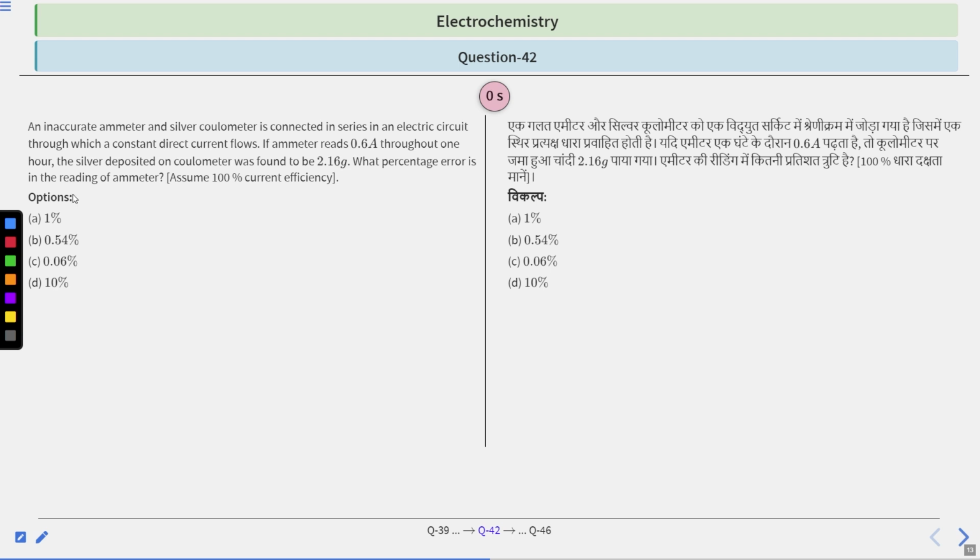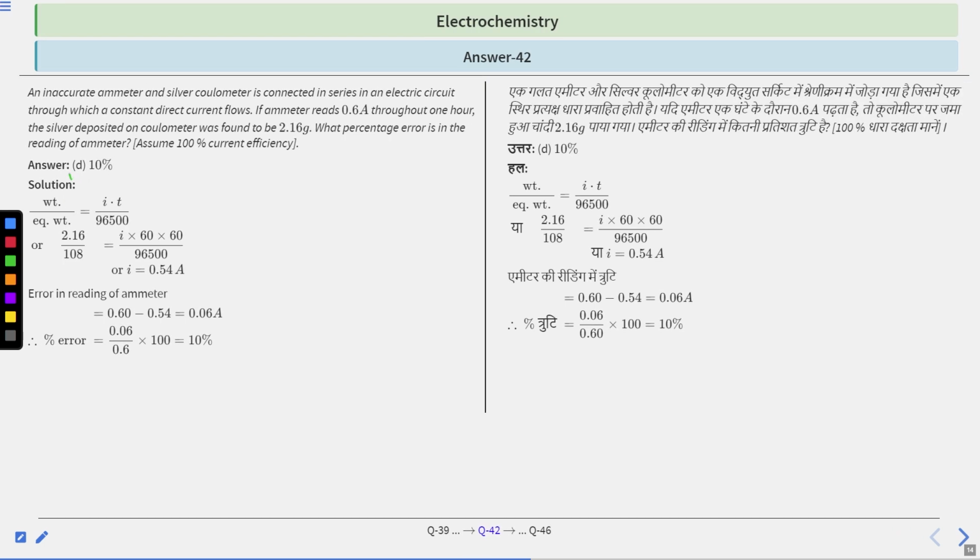Okay. So let's see. The correct answer is option D, that is 10%. So weight upon equivalent weight is equal to I times T divided by 96500. Or you can put it as 2.16, the weight, divided by equivalent weight, which is molar mass upon the number of electrons.